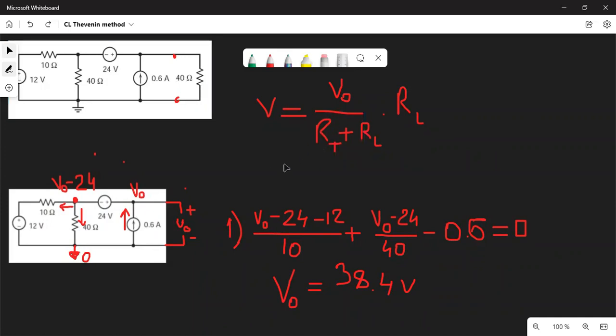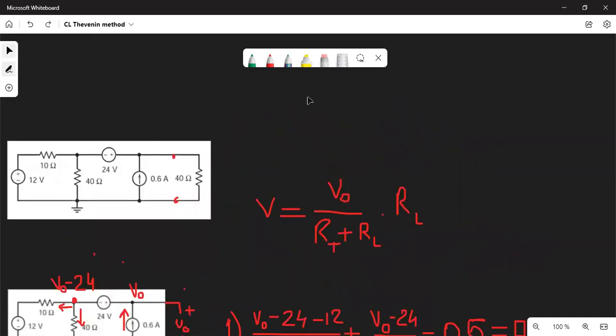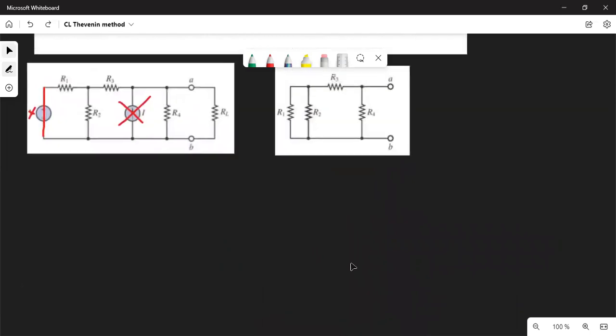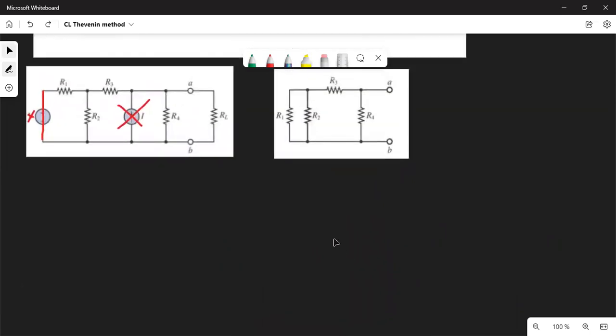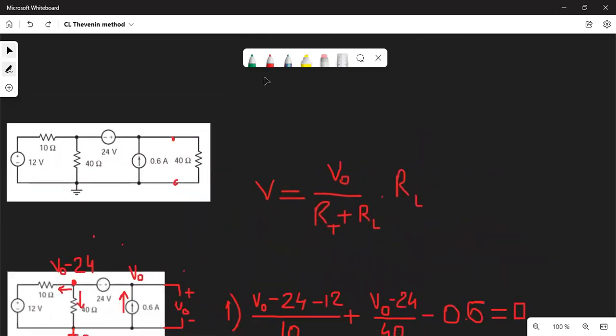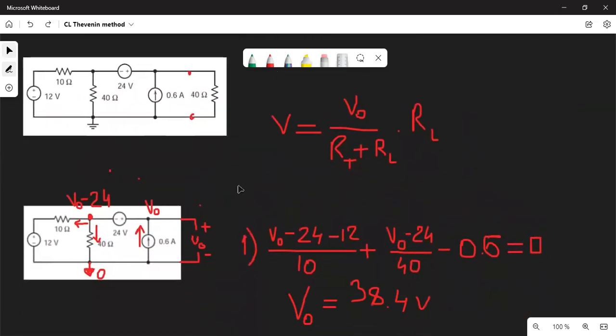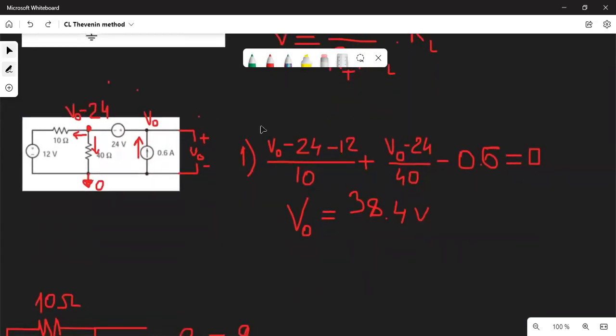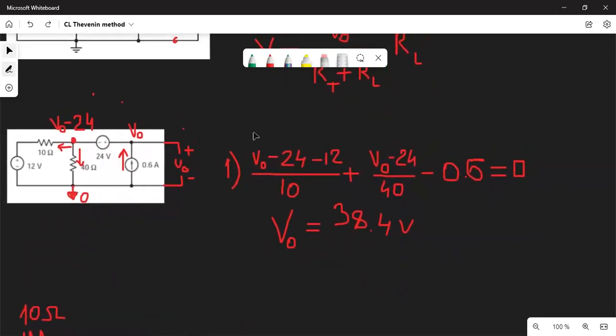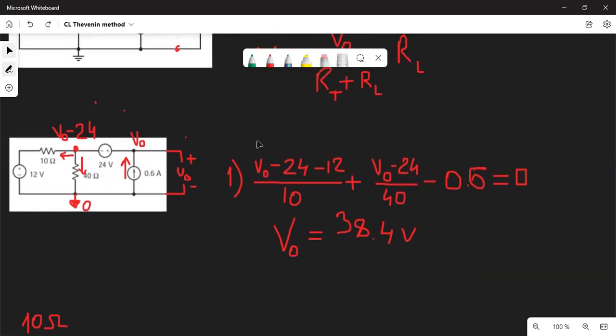And what about the Thevenin resistance? In the previous example, I showed how to find it. Assume the voltage sources are just a straight wire, but the current sources don't exist. So using this, we make some shorts here and find the Thevenin resistance as 8 ohms.